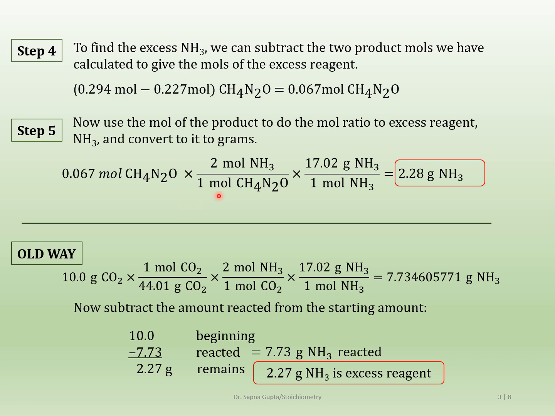And now you work your way backward, because you know that ammonia was the excess reagent. So moles of urea, and then the mole ratio of urea to ammonia, and then convert the ammonia to grams of ammonia. So this then is going to be your excess reagent that is left over. Again, your excess reagent has to be less than what you started with to begin with.